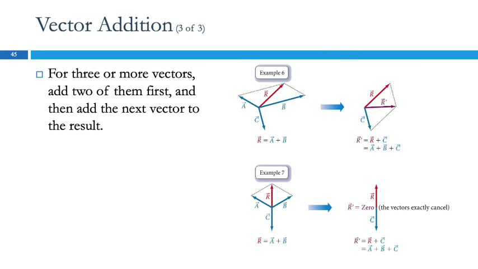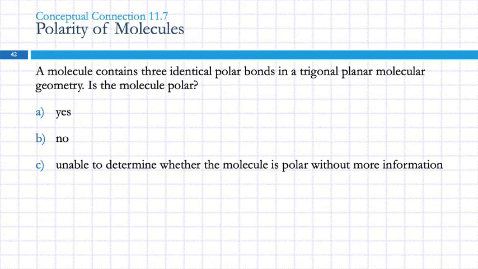So let's use that idea to answer this question. A molecule contains 3 identical polar bonds in a trigonal planar molecular geometry. Is the molecule polar? So let's draw it. We've got our central atom, and we're told it's trigonal planar, and that these bonds are polar, but they're also identical.